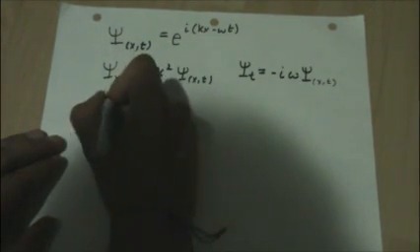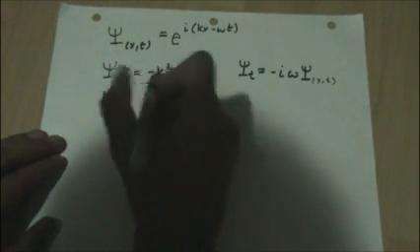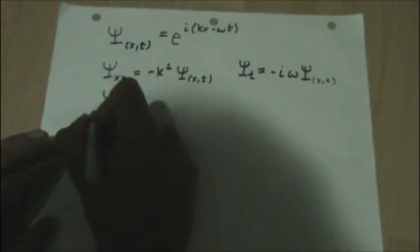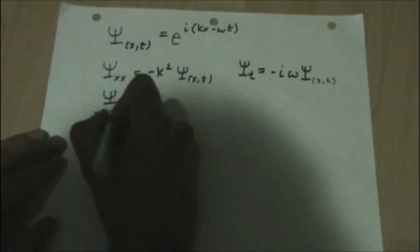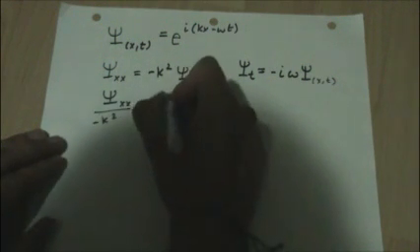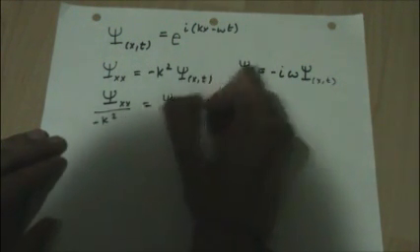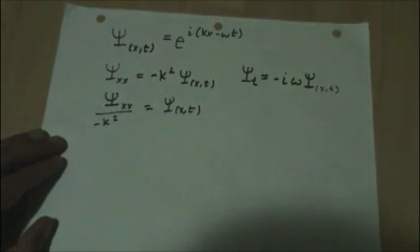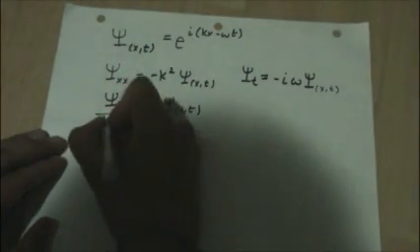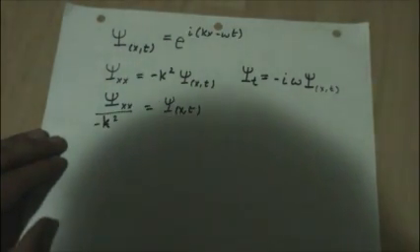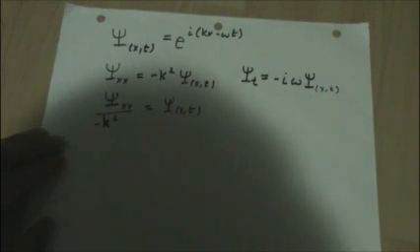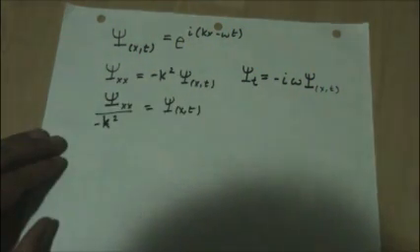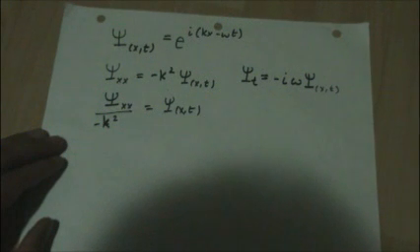We get that psi of x over negative k squared is equal to psi of x comma t, and all I did is I moved that negative k squared over, right? That's a k squared, and that's all I did. Now let's multiply both sides by h bar squared k squared over 2m.